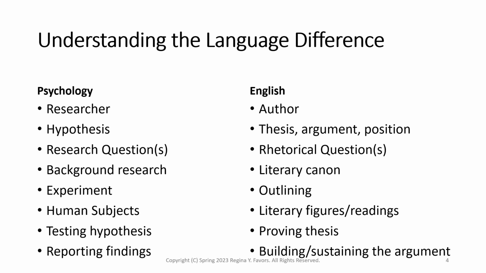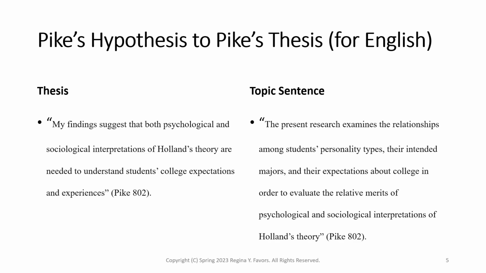So in each of these disciplines, there are different types of processes, but your purpose is to make sure that you convert what you see in the psychology source or the government-based source into English speak, how we reference information within an English paper. So let's look at Pike's hypothesis to Pike's thesis for English.